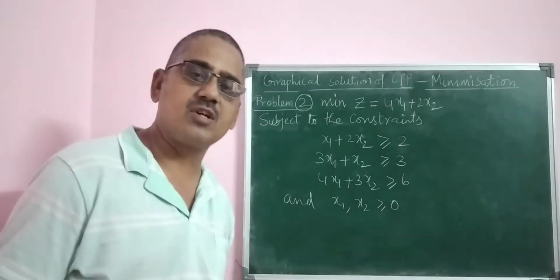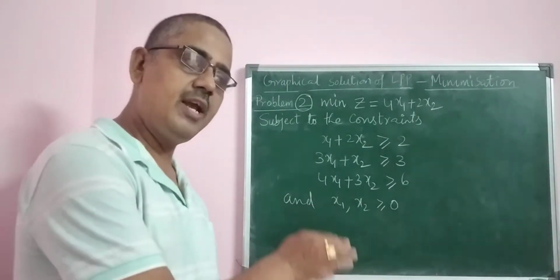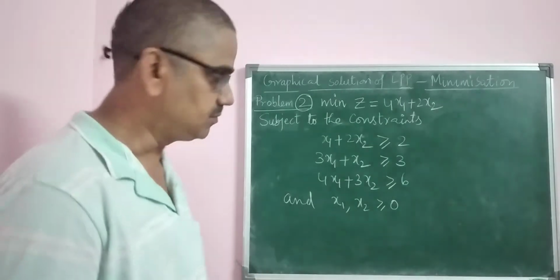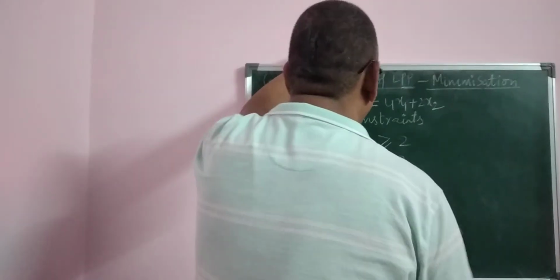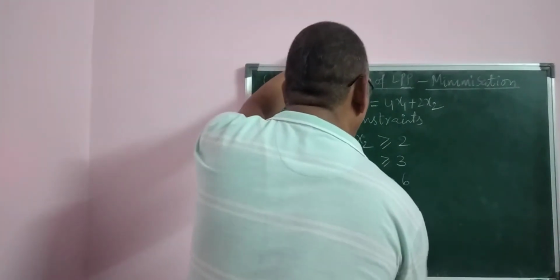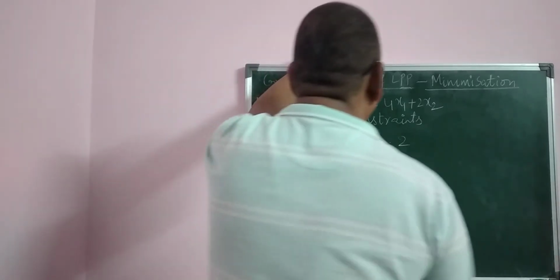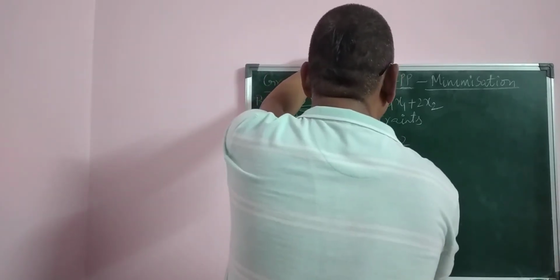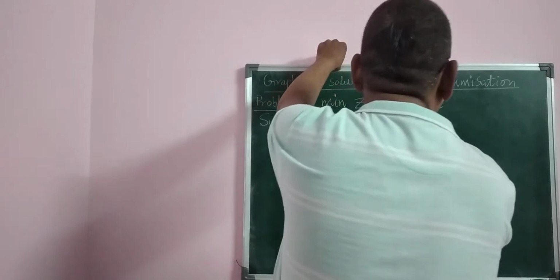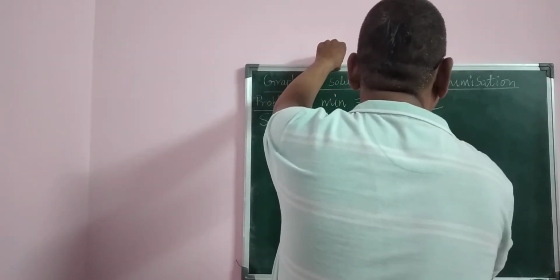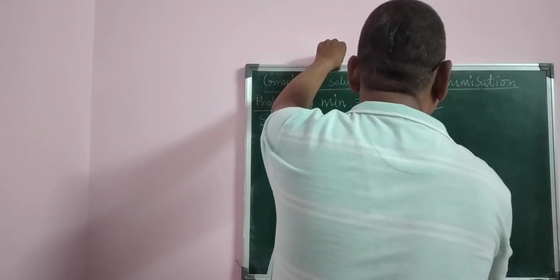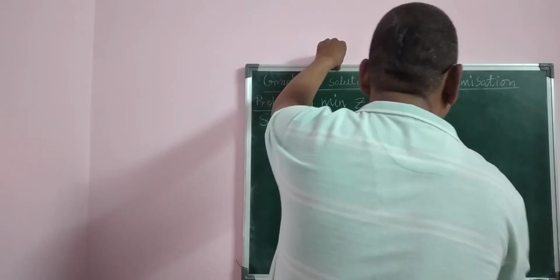So for which the first step, convert each inequation of the constraint into equation as usual. Therefore, all are greater than or equal to. I am giving equations 1, 2, 3, and converting the greater than or equal to into equality.